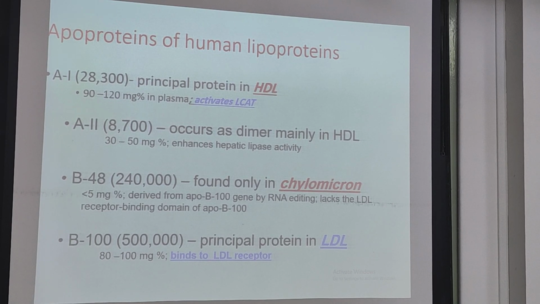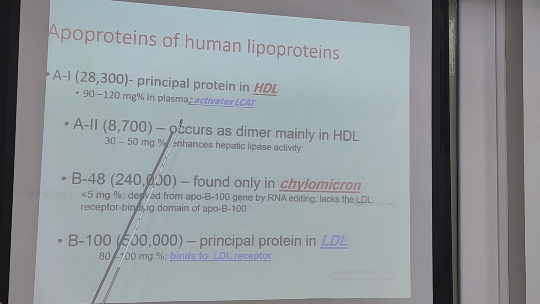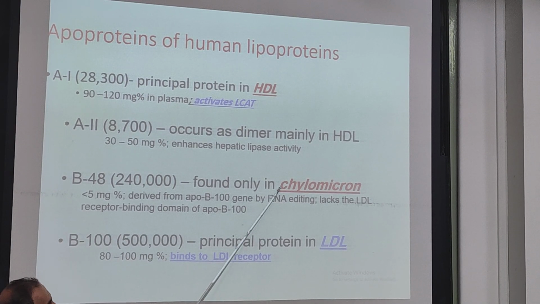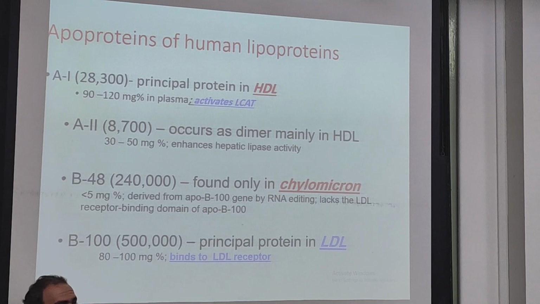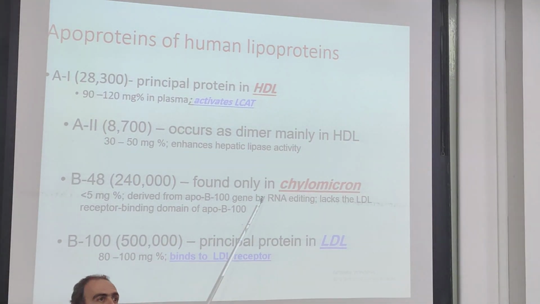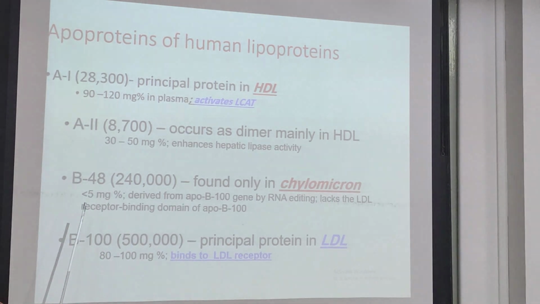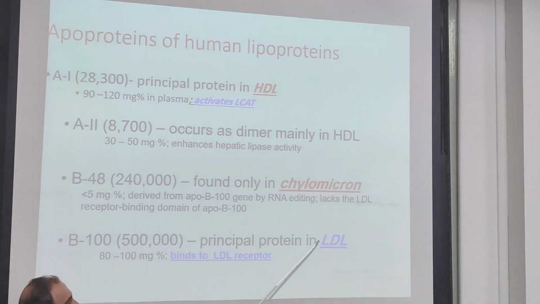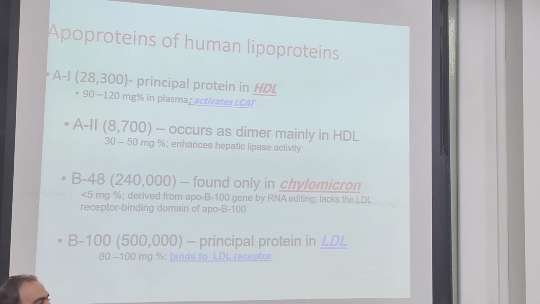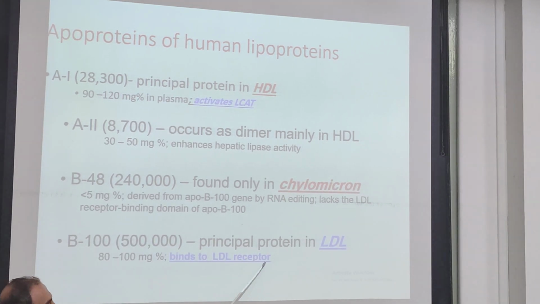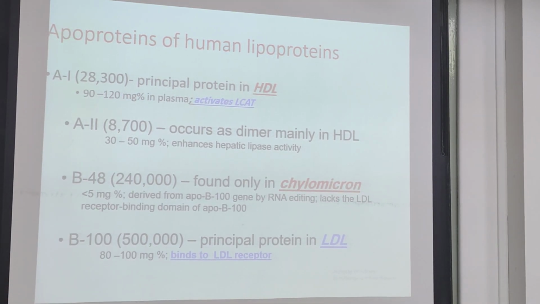ApoB48 is the main apoprotein and is only found in the chylomicron. We have ApoB48 only in chylomicron. And B100 is the principal apoprotein in LDL, and acts as a ligand for the LDL receptor.